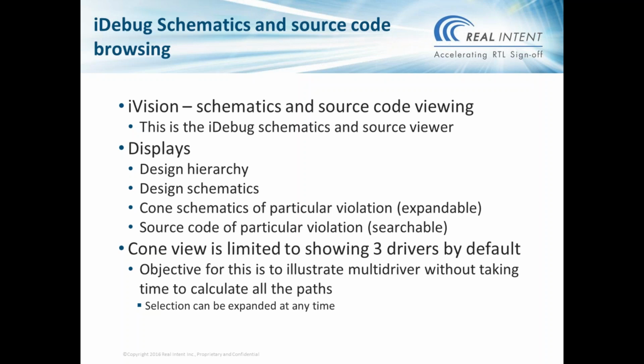The cone view is typically limited to showing 3 drivers by default. The reason for that is that you want to illustrate multi-driver problems, and there are some violations that might have many tens or hundreds of drivers, but you don't want to take the time to calculate all the paths. So the idea is to just initially show 3 drivers, and that selection can be expanded at any time.